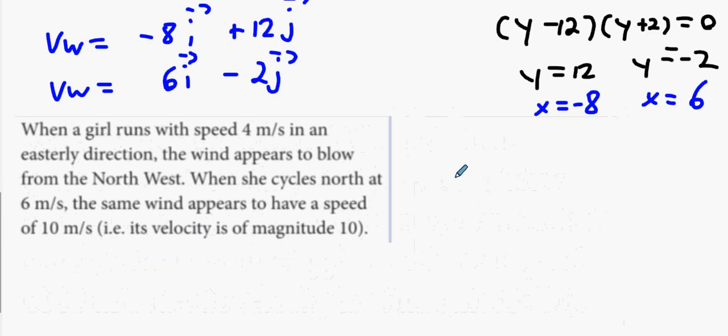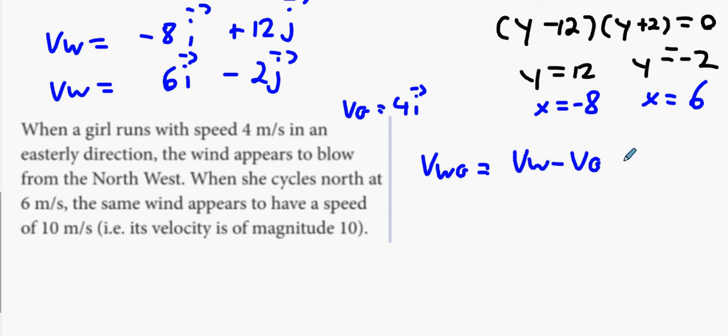Velocity of wind from the girl's perspective, and the girl is going 4i, isn't she? That was scenario 1. So it's velocity of wind minus velocity of girl. We'll use the first answer first. Okay with that?